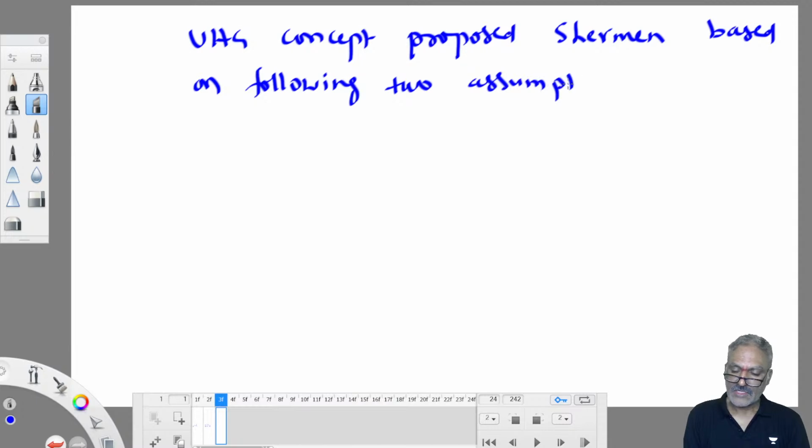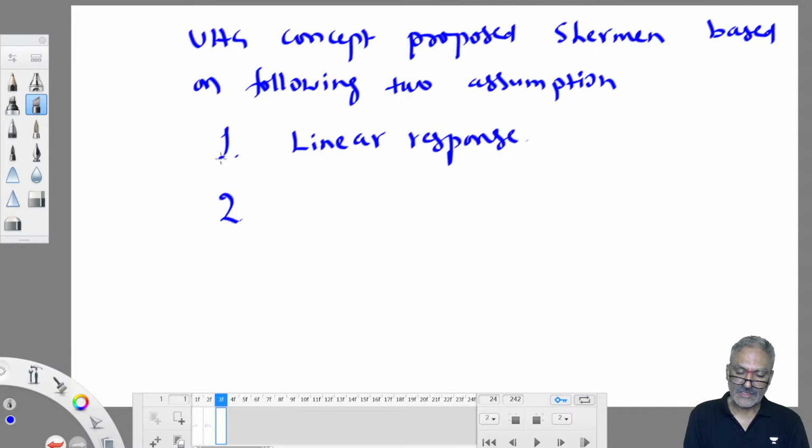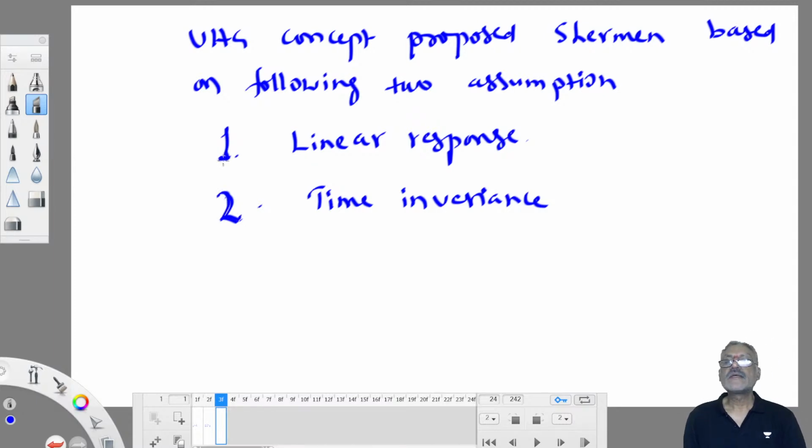The first assumption is linear response. The second assumption is time invariance. So there are two assumptions, one is linear response, the other is time invariance. Based on these two assumptions, this concept is proposed.